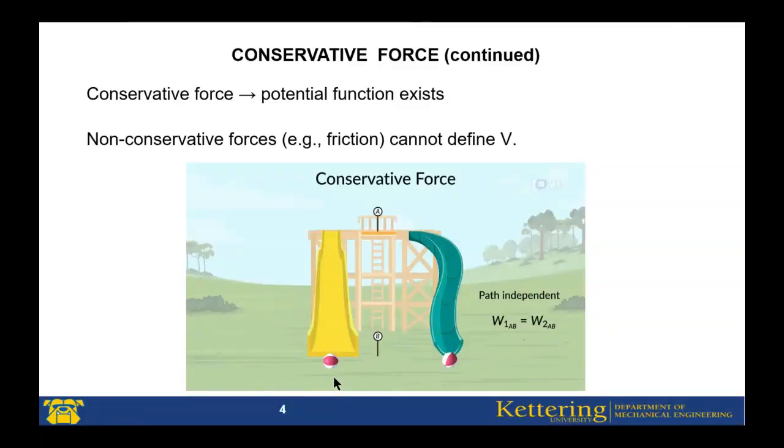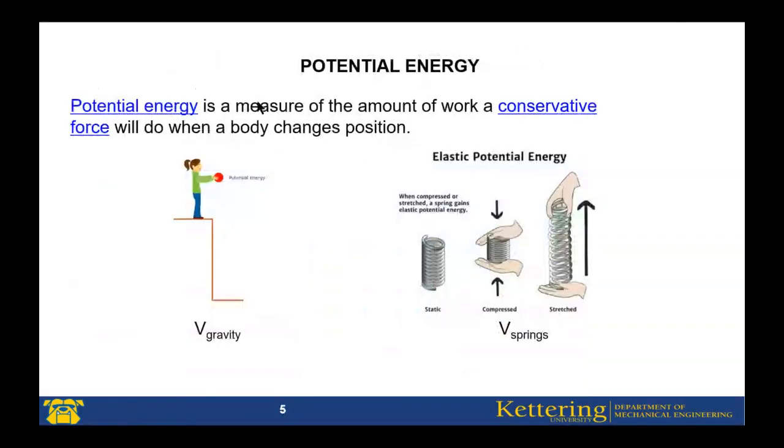This was also explained in my previous proof, that the work of the weight on different paths is similar. Now, because for a conservative force there's a potential function, I want to introduce the potential energy.